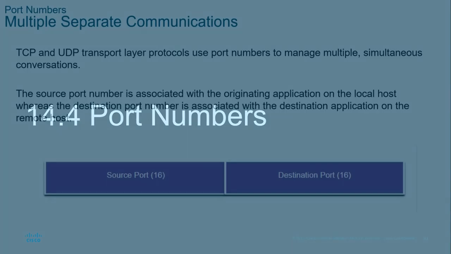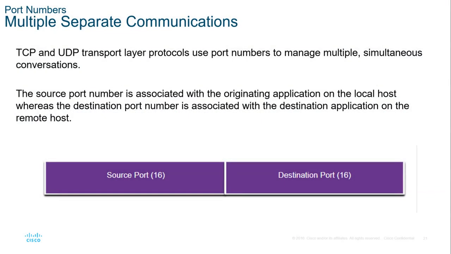So port numbers, because the port numbers are the ones that uniquely identify the applications on the sending and receiving device, or the source and destination applications. UDP and TCP transport layer protocols use port numbers to manage multiple simultaneous conversations.